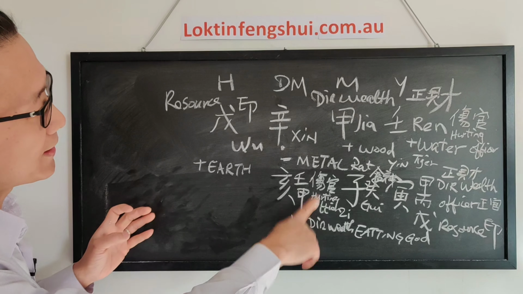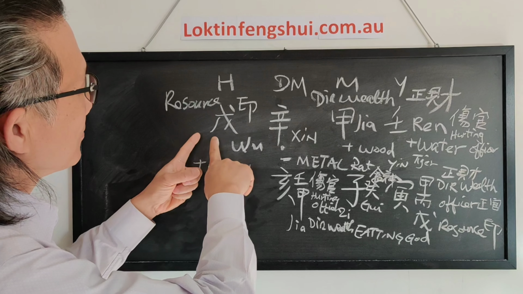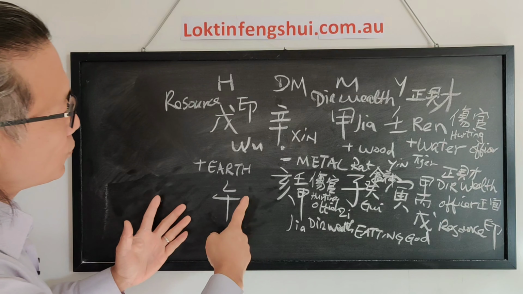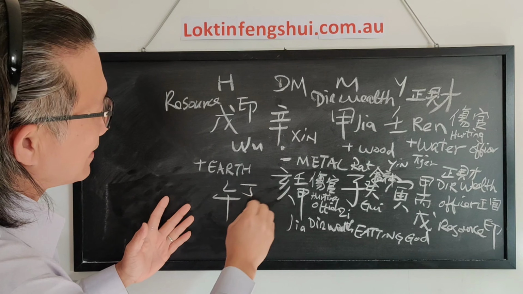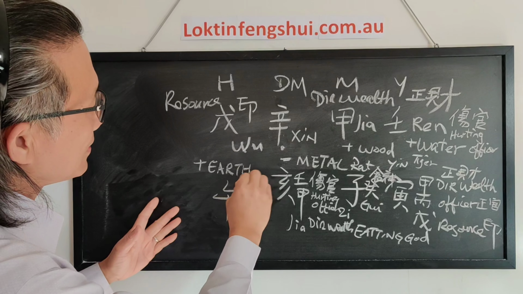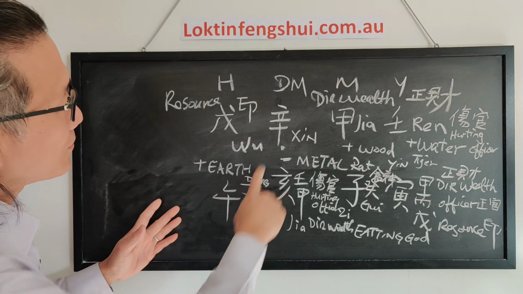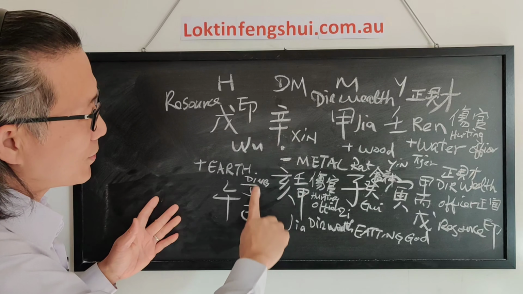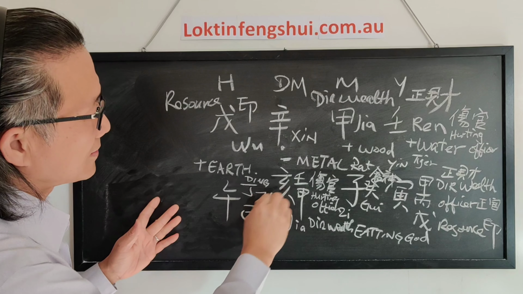Direct wealth here. Okay. And then that's the born the wu, the horse hour. Wu is ding and ji. Okay. So that's the ding fire. So ding fire will burn the metal. So what it controls is the 7 killing.